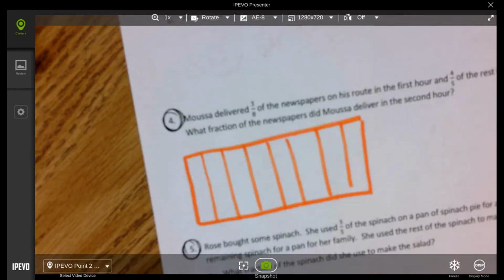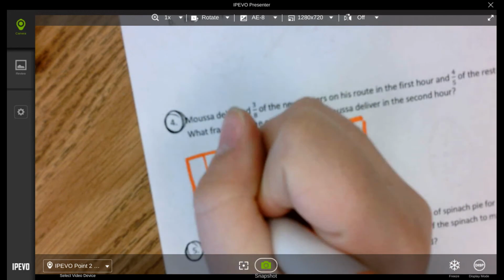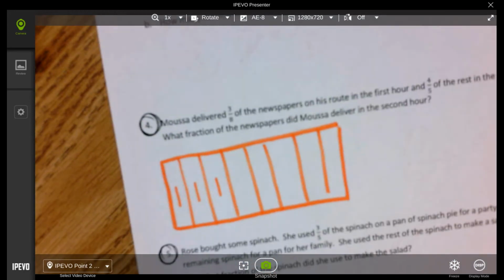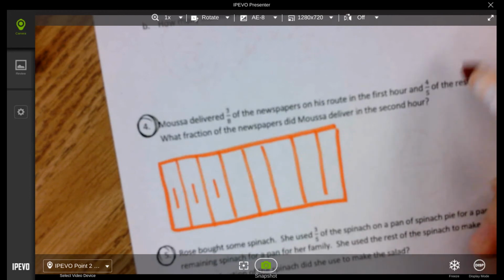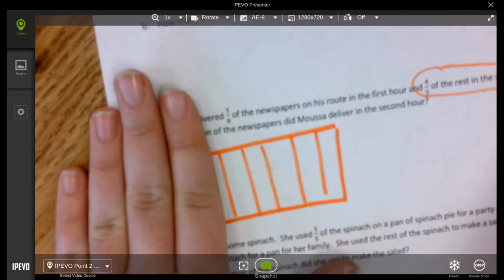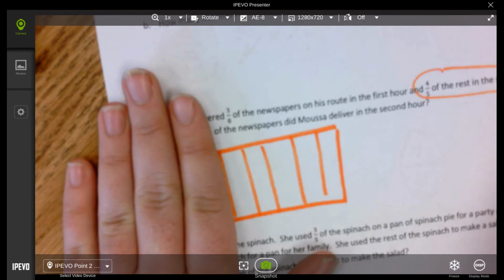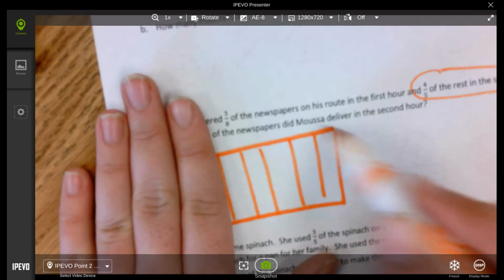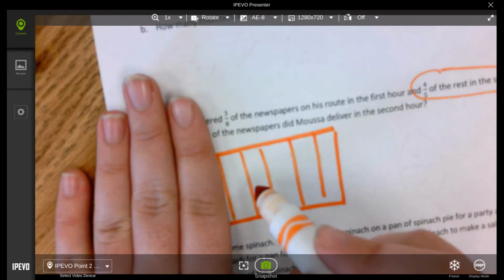All right, so in the first hour, I'm going to put a 1, 1, 1. That's how much he delivered in the first hour. And then 4/5 of the rest in the second hour. So when it says of the rest, we're not looking at those first 3 that we've already done. Okay, so he does 4/5 of the rest. Well, there's 1, 2, 3, 4, 5.